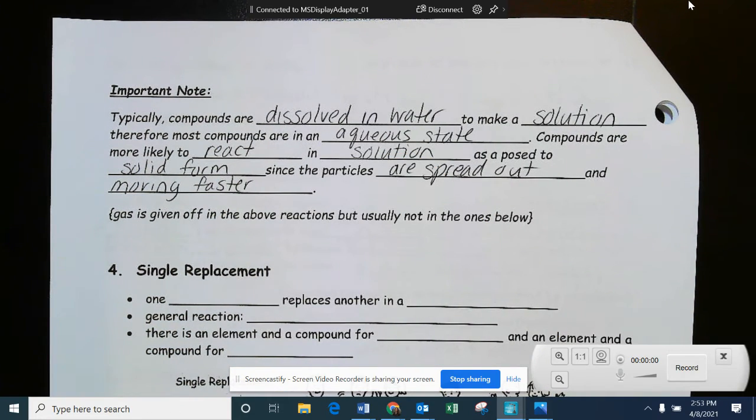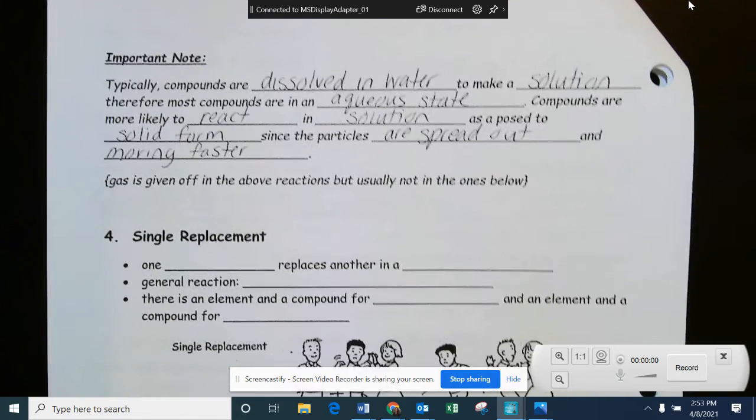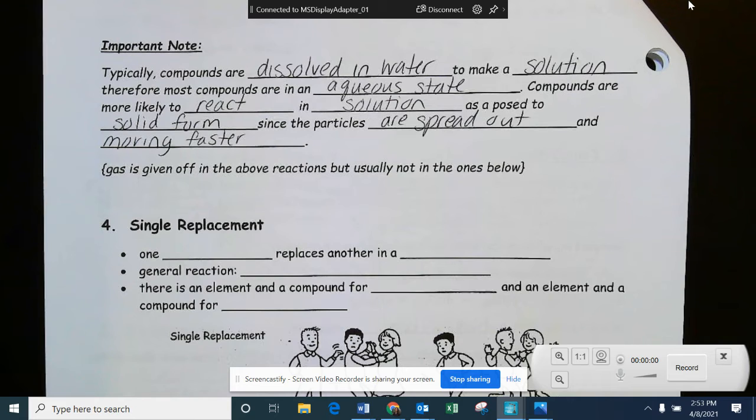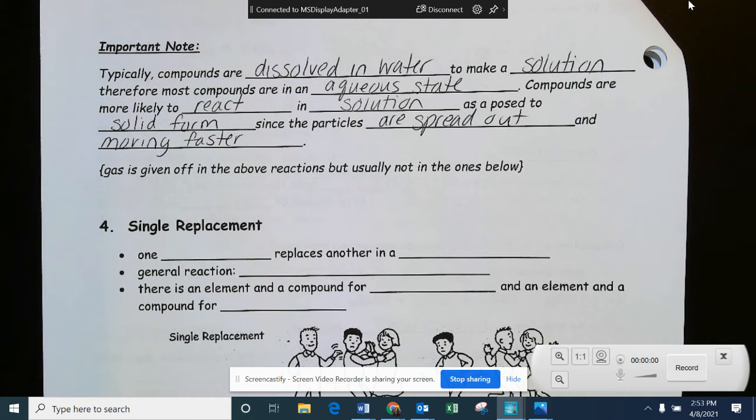Chemical reactions are all about atoms colliding with each other at the right geometry or the right angles. So the faster things are moving and the more spread out they are, well, too spread out doesn't really work very well, but generally as a rule, if the atoms are more spread out and if they're moving faster, we're going to see faster reactions. Cool.